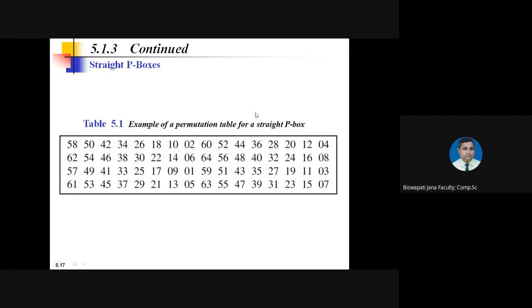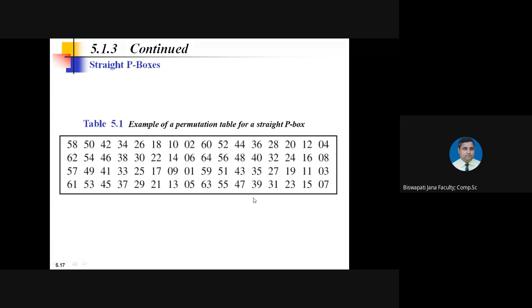Of the 64 bits, whatever is in the 58th place comes to the first. Whatever bit is in the 50th place comes to the second. So this is first, second, third, fourth, fifth, sixth, seventh, eighth, ninth, 10th, in this way. These are the numbers at the input level, and whatever they are come to the first, then second, then third. In this way, suppose we provide you this block, this straight P box.